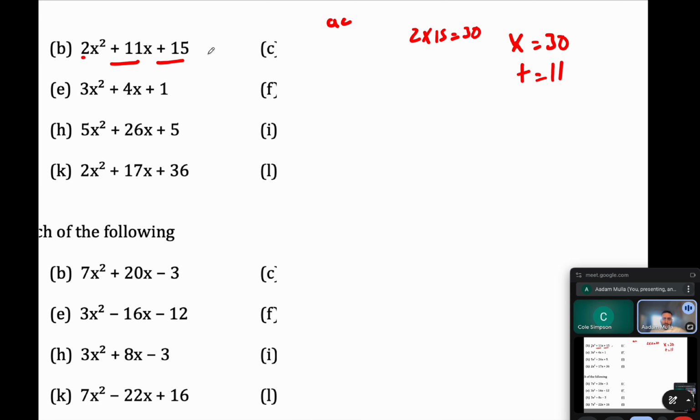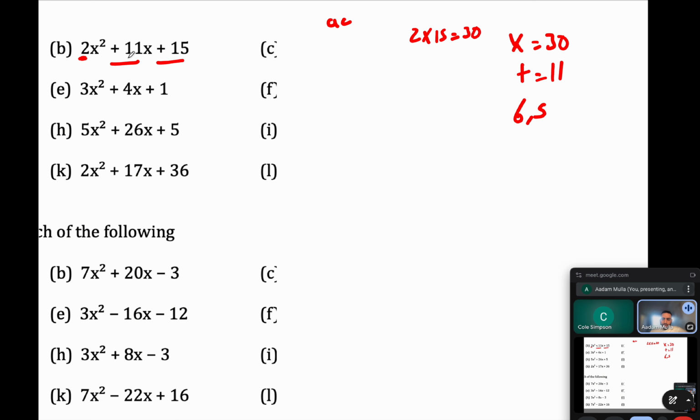But here you do 2 times 15 first, that's what they're going to multiply to, and they're going to add to make 11. What would the two numbers be? 6 and 5. Yeah, 6 and 5.